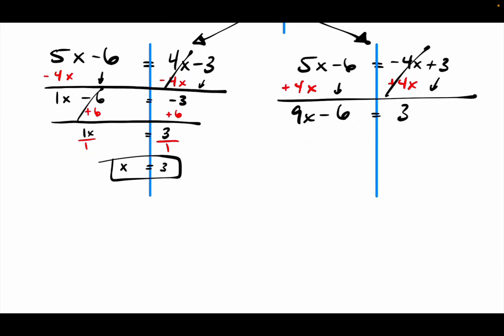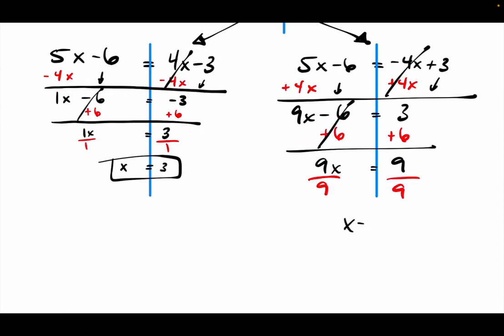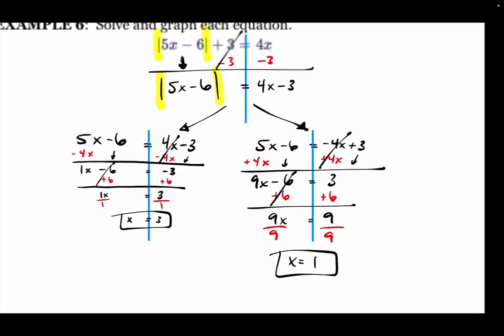And then we're going to add 6 to both sides. And then you're going to divide, and you'll get a positive 1. And you're done.